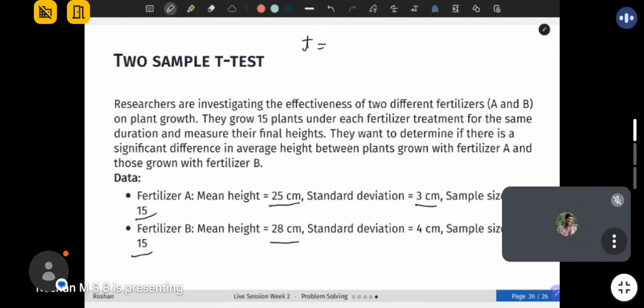So what's the formula for the t statistic for the two sample t test?